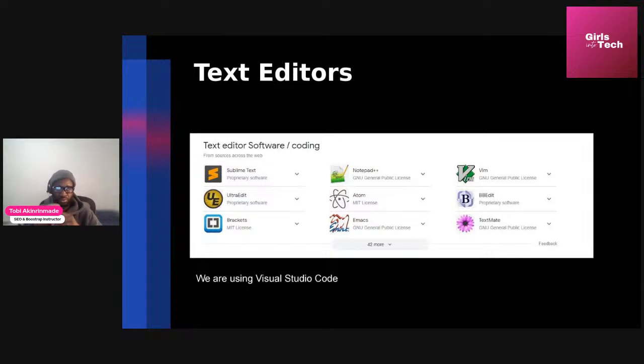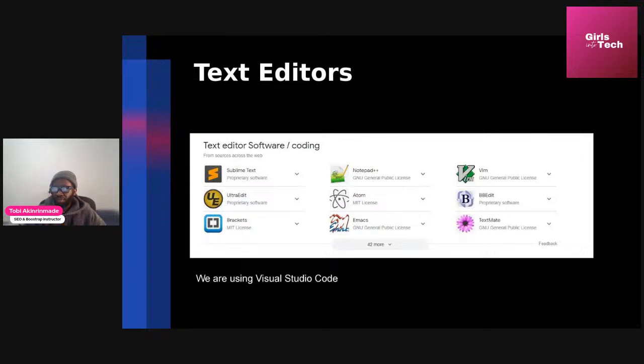we're going to use Visual Studio Code. You should have downloaded and installed Visual Studio Code. If you are yet to download it, just Google it quickly and download it on your system, and maybe you can still follow us or rewatch this video later, just to catch up.